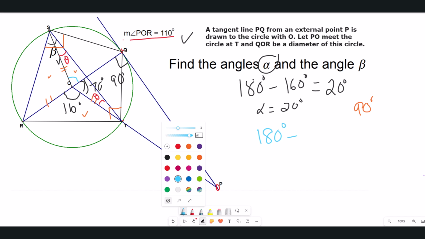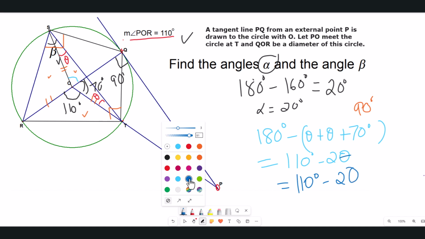I hope I didn't make it too light for you. So that will be 110 degrees minus 2 theta. Let me write it a little darker. So this is 110 degrees minus 2 theta, right? So that's what the angle right here becomes.